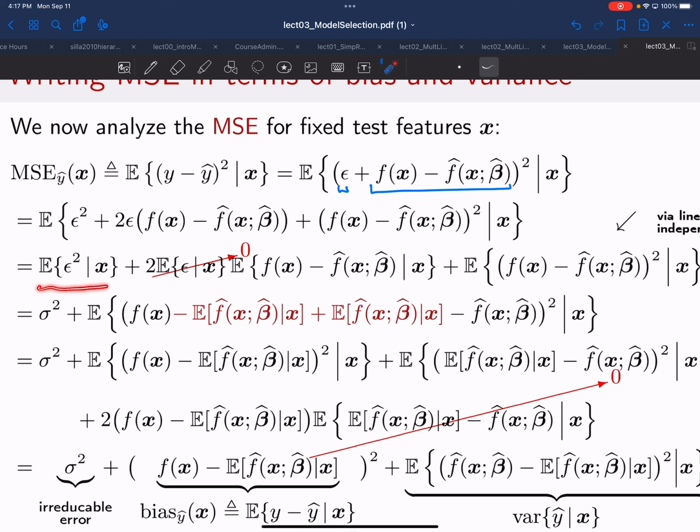So we have this expectation of epsilon squared. Let's look at the last one, that's just going to be this one. And then we're going to have the expectation of this cross product. We're going to simplify that a little bit. Think of the expectation of this, which is actually the expectation of this given x.